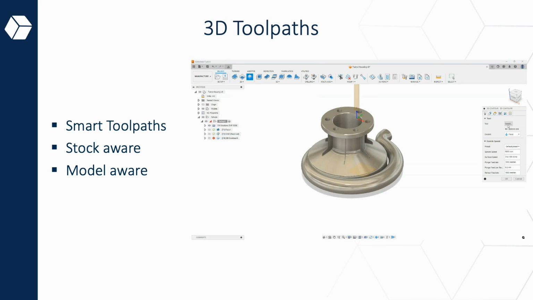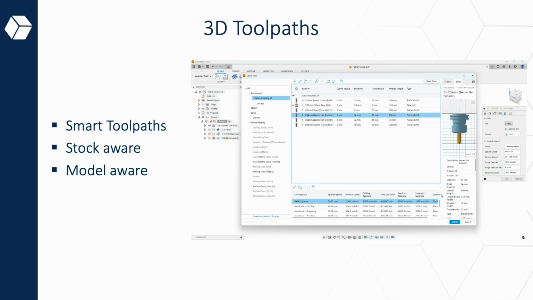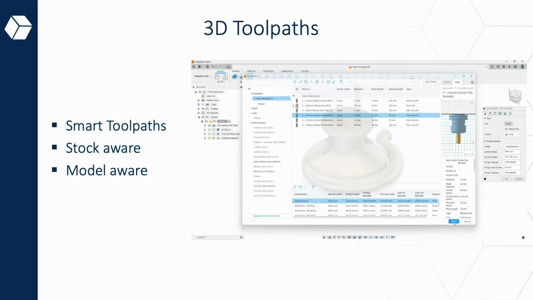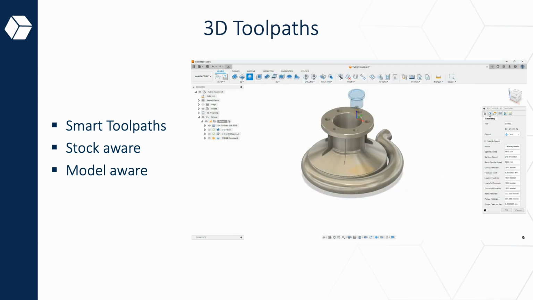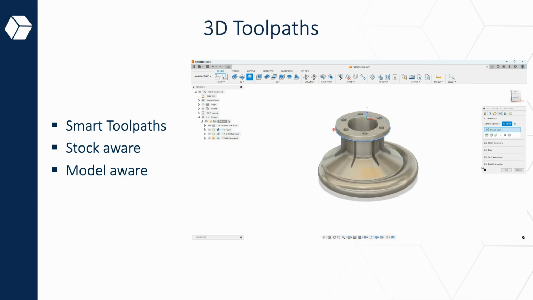We can now continue on to the next step of our machining. We will choose a 2D profile, choose an appropriate tool, and then select the outer edge of the flange in order to machine that edge.